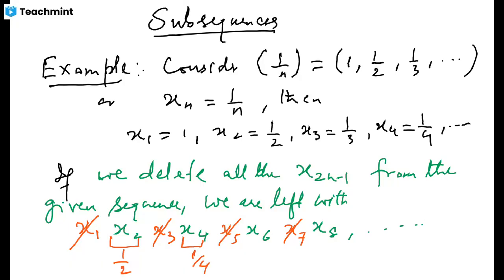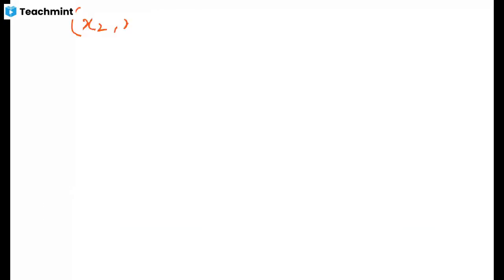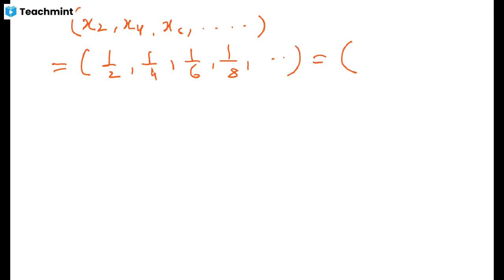तो इस तरह से जो कुछ बचेगा हमारे पास, so again what we are having now, x2, x4, x6, so on. अगर आप इसको थोड़ा सा एक्सपेंड करें, what you have 1/2, 1/4, 1/6, 1/8, so on. Or if you write it in nth term form, you are having 1/2n, and this is also another sequence.